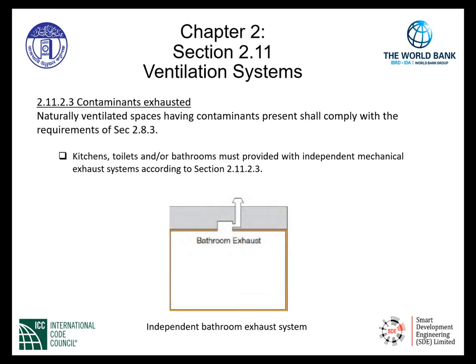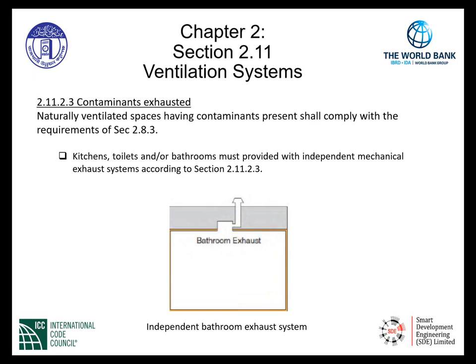So it sends us in the direction of providing an exhaust system. After all, natural ventilation is essentially just bringing fresh air into the building. It does not provide a dynamic way to remove exhaust from locations such as kitchens, toilets, or bathrooms. And we need an independent mechanical exhaust system to provide the exhaust from those particular spaces to remove the contaminants safely.